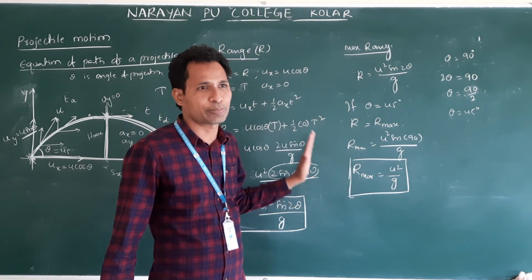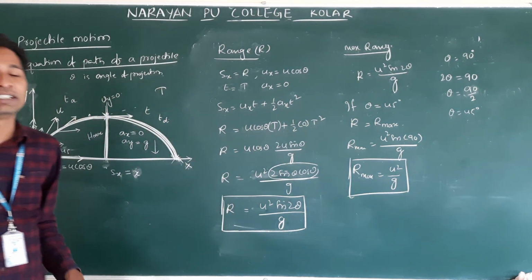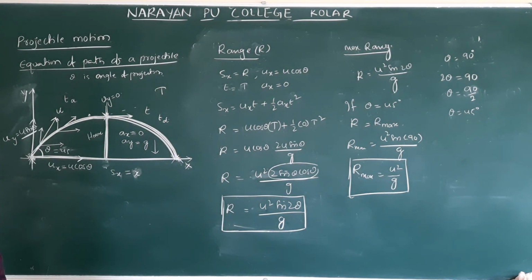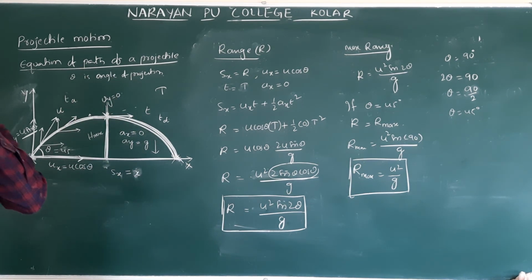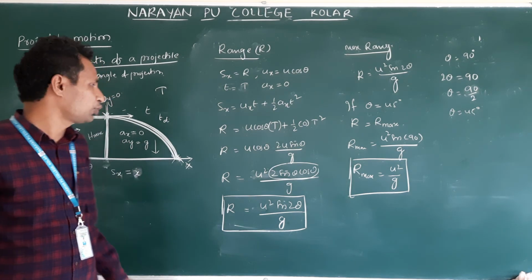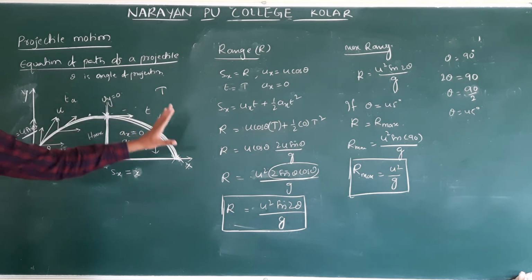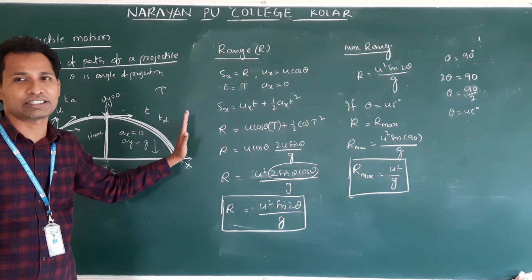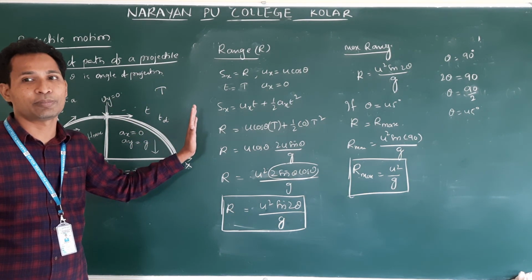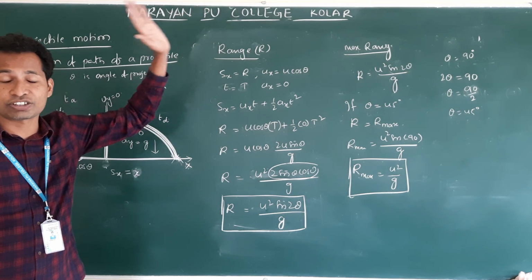How to write? We do expect these derivations for 3 marks. Derive the time of flight for a projectile, or derive the range equation for a projectile, or derive the maximum height for a projectile. So the figure is common for all. Based on the question, you need to select the derivation. If they ask the path of the projectile, show the path of the projectile is a parabola, you write y is equal to ax minus bx square.